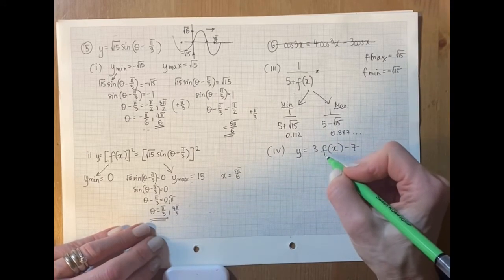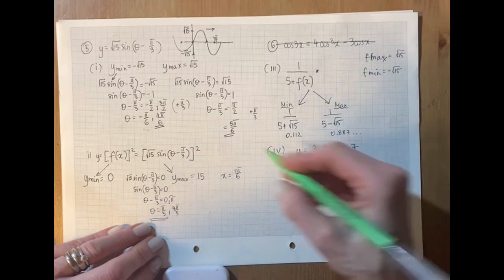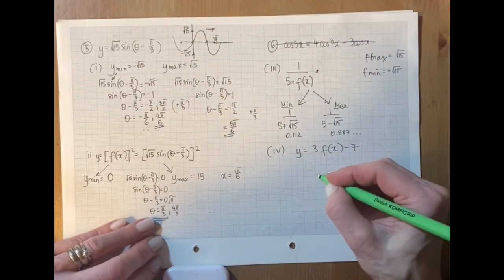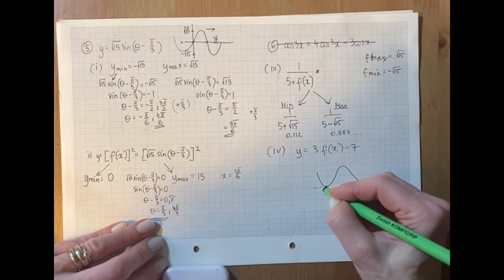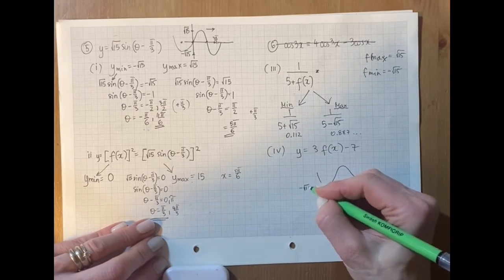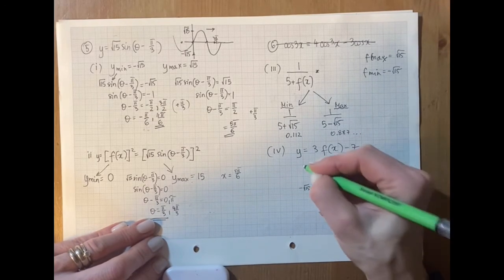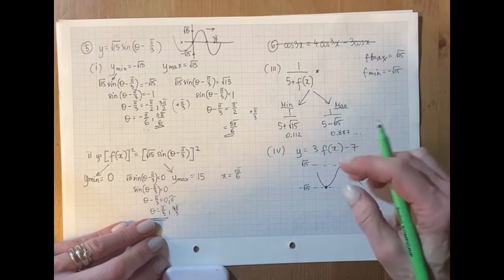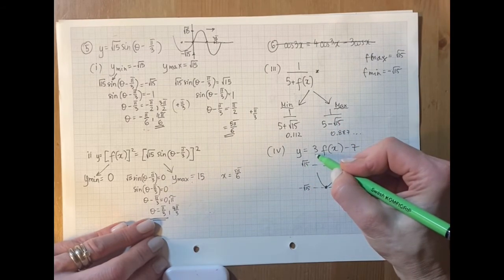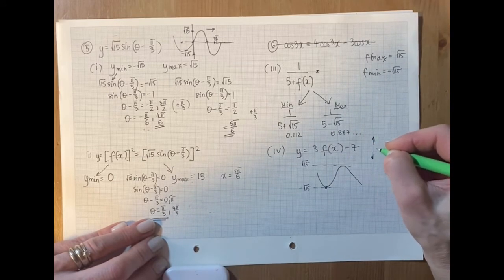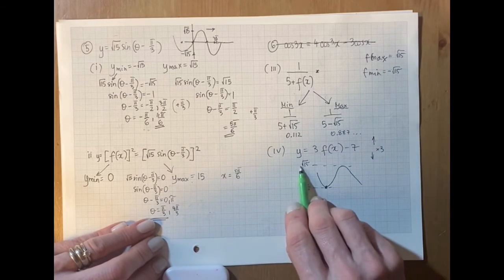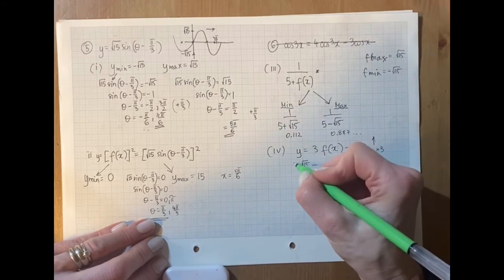Whatever your function is, it was the sine graph, I don't even need axes. Let's say the minimum value was at minus root 15 and the maximum value was at root 15. If I stretch it by a factor of 3, it is going to affect my maximum and minimum. So you times that by 3.